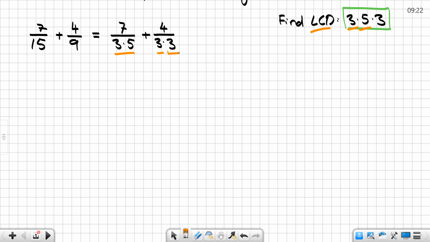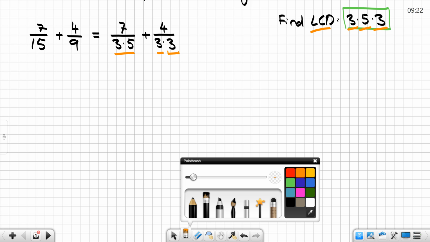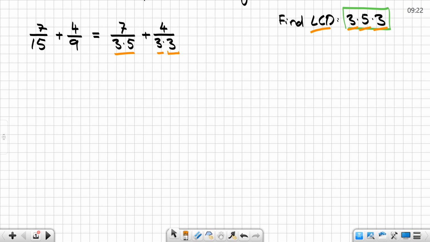But there is a second factor of 3 that I did not have yet. That means I also need to have 2 factors of 3 in my least common denominator. I do not actually need to know what number that is to be specific. So in this case, the least common denominator between 15 and 9 is in fact 3 times 5 times 3. That is the number 45.